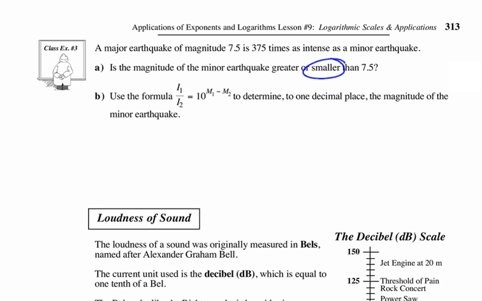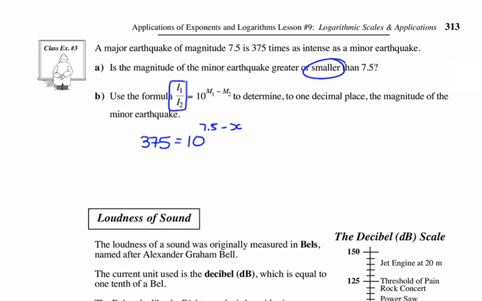Okay, so this time we want to actually find the magnitude. They give us how many times more intense. So what is I1 over I2? What is that equal to? 375. The first is that many times bigger than the second. It equals 10 to the power of 7.5 minus x. So we're trying to find that second earthquake, right?